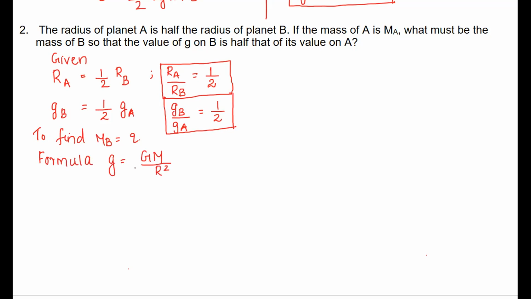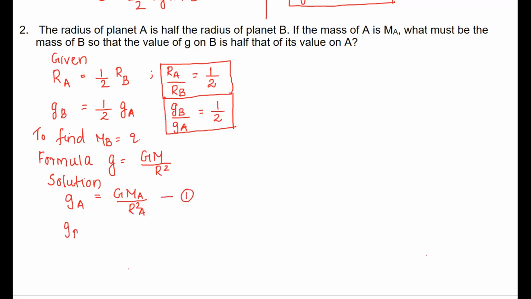Its value remains constant everywhere. Solution. For GA, we can write GA is equal to GMA/rA². Let it be equation number 1.